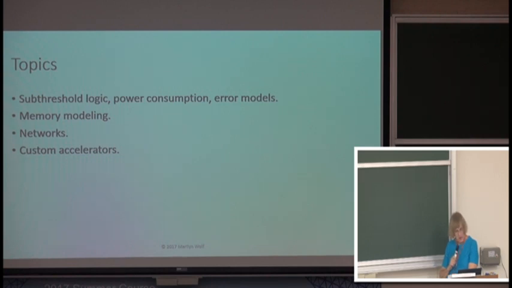We'll start off with power consumption and low voltage logic to reduce power consumption. We'll talk a little bit about memory modeling. We've seen that memory is very important. We'll talk a little bit about networks, and we'll talk a little bit about custom accelerators.